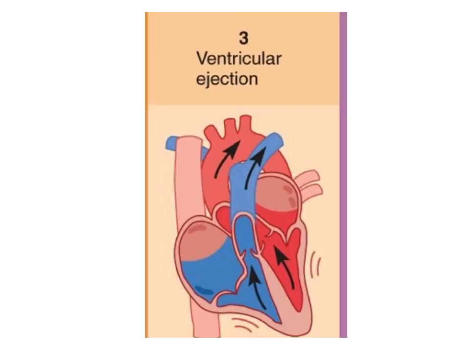They still have about 60 milliliters still lingering in there. And that volume has a name. It is called end systolic volume, or ESV. So if you think about the name end systolic, this is the volume of blood left in the ventricles at the end of their systole. So after they have given their most powerful contraction, it's just what's left.